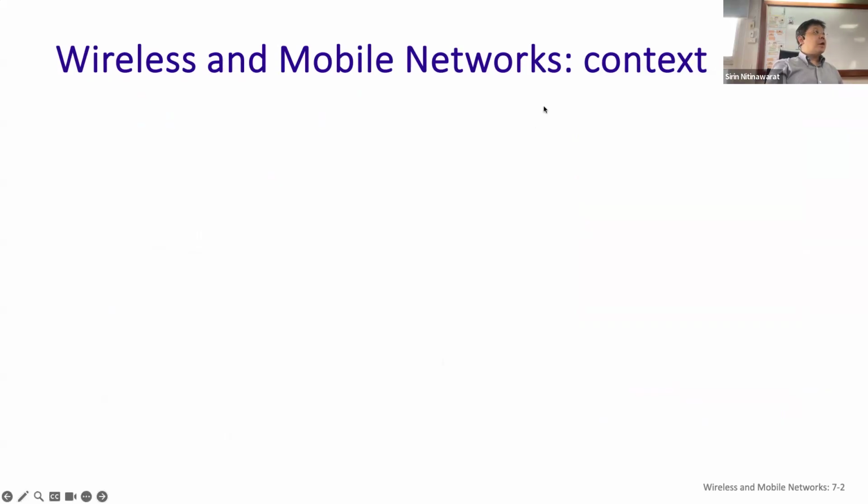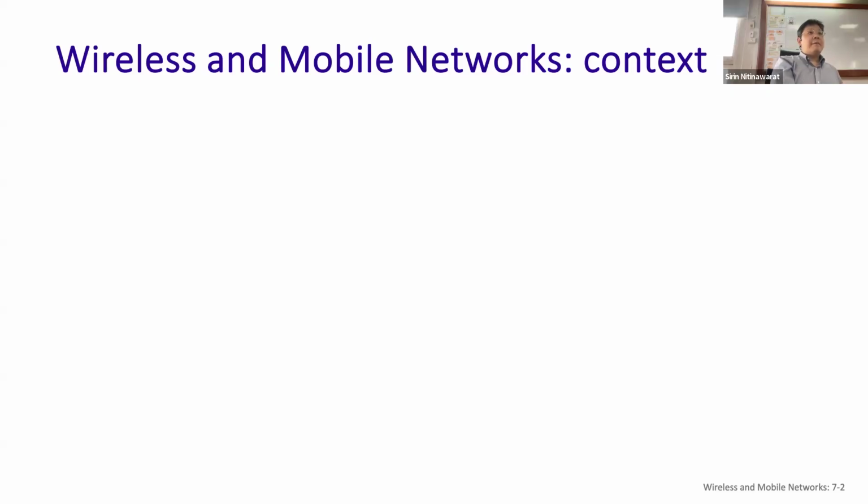Why are these networks important? Can anybody tell me? You probably take it for granted nowadays, because you all have smartphones connected to a cellular network, which is wireless. But why do you think these are important networks compared to, let's say, the home telephone networks?